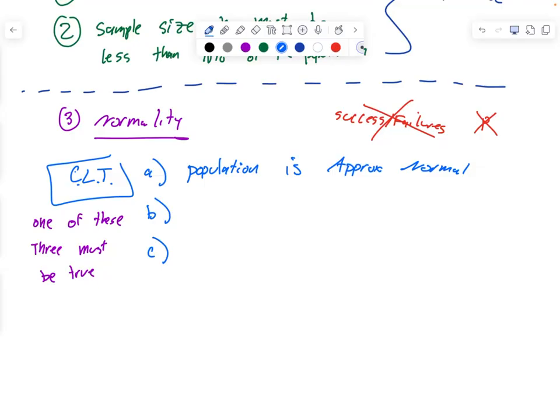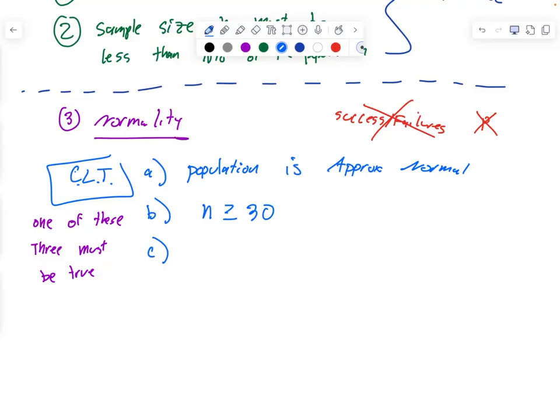All right? Now, here's the thing. It's not 100% true every single time. 30 does not magically happen. But we as statisticians, that's kind of like our golden number. Some people use 40 because they want a bigger sample just to make extra sure. Some people even use as little as 20. But 30 is the standard that we have as statisticians.